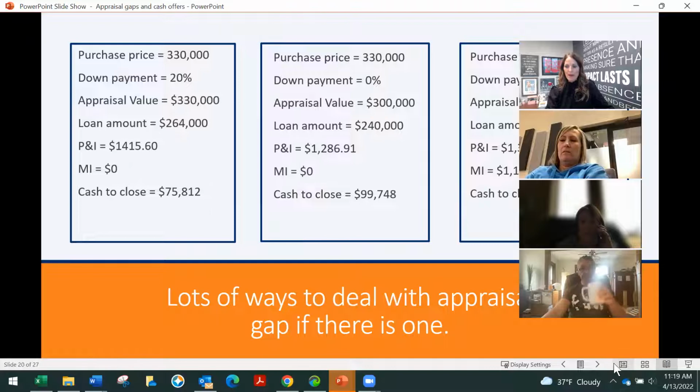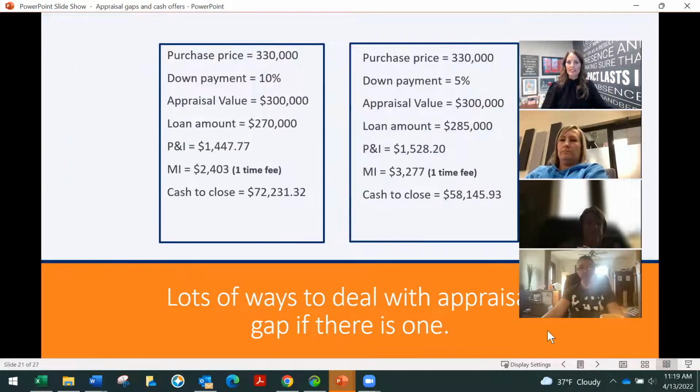So does that make sense, you guys, on how we can take the exact same numbers of a 330 purchase price down to a 300 appraisal and get that many different options on how to deal with the client, how to show them a lot more cash, less cash, way less cash, barely any movement in your monthly payment?